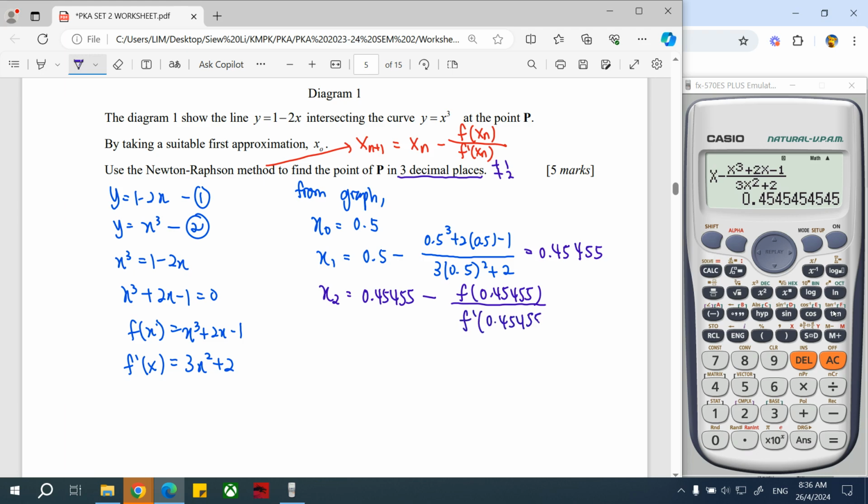If you want to write the working in full, you also can. Then calculate, key in your decimal. It becomes 0.453 98, then 0.453 40.